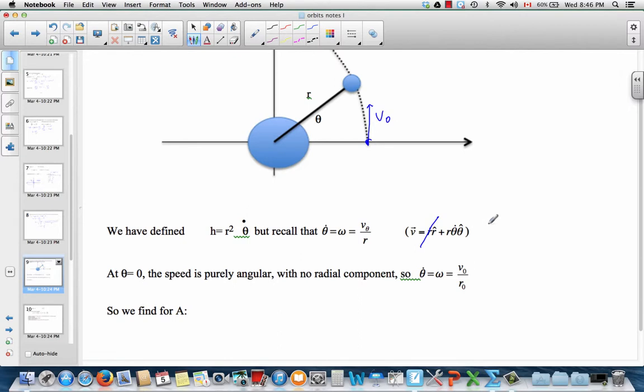So we know that h is r squared theta dot, but theta dot, you can see, is this velocity here, the v0, divided by r. So this is going to be r squared times omega, because theta dot's just omega, and that'll be the velocity over r. So that's r squared times the initial velocity over r. So that's just r naught v naught is our angular momentum constant.